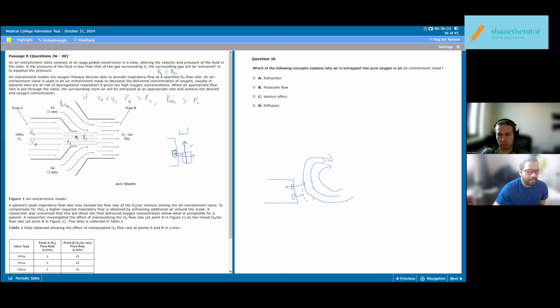I used to describe it by taking a straw wrapper, a thin paper wrapper, and positioning it like this and then blowing underneath it. And when you do that, do you expect this part to go up or down?